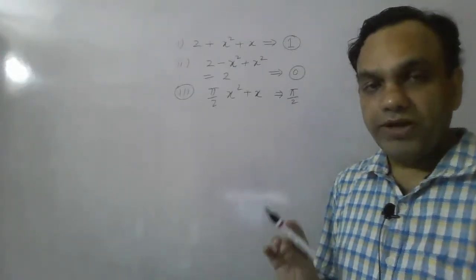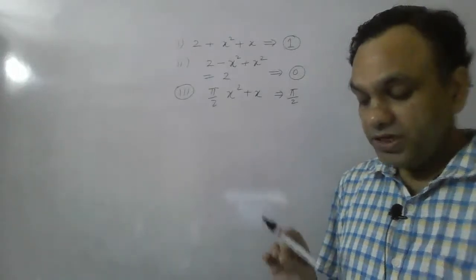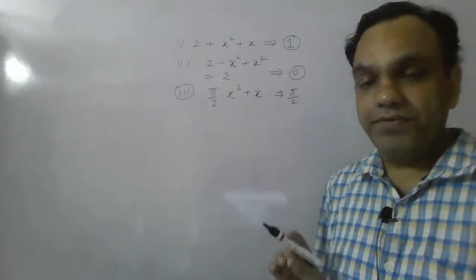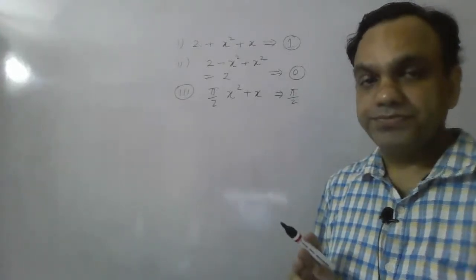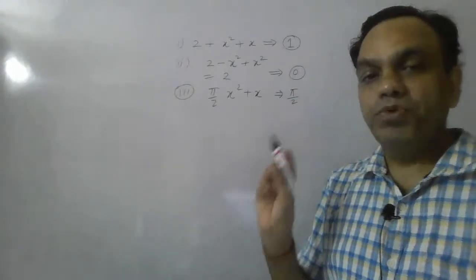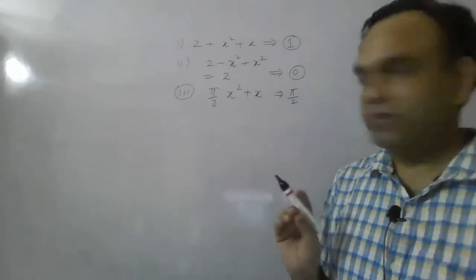So whenever it is written binomial of degree 35, it means there are two variables and the combined power of both variables is 35 maximum.